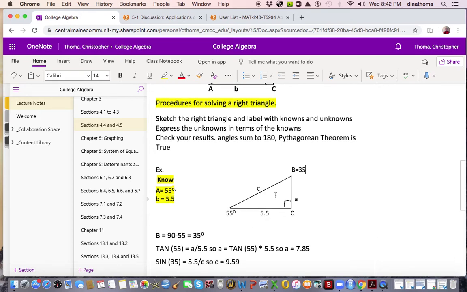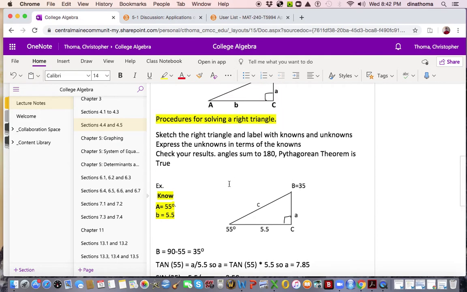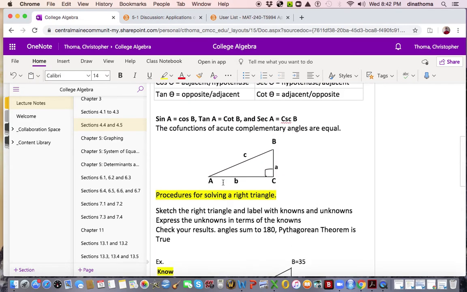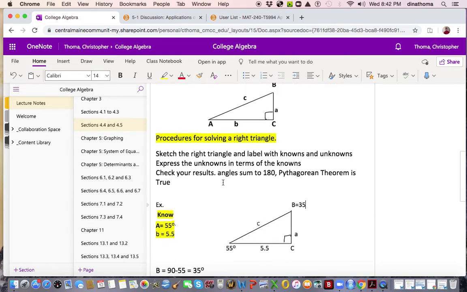Now, a lot of you will try to use the Pythagorean theorem, but I can only use it if I know two sides, and in this case, I only knew one. So what I need to do is use my trig functions. I like tangent for no other reason. I just do. You may pick any one you want.